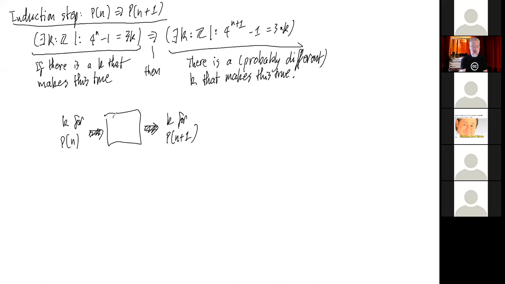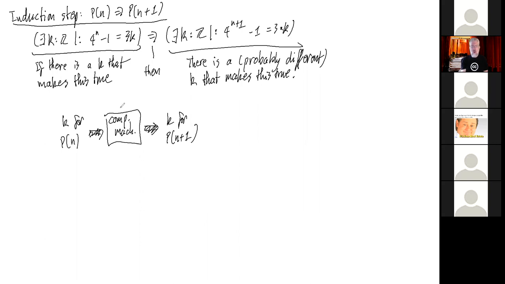So I had a little computational machine that could do that. That would be a computational way to think about this: if I can give you a k that works here, can you do some computation, some algebra, some algorithm, whatever, and crank out the k that works here.